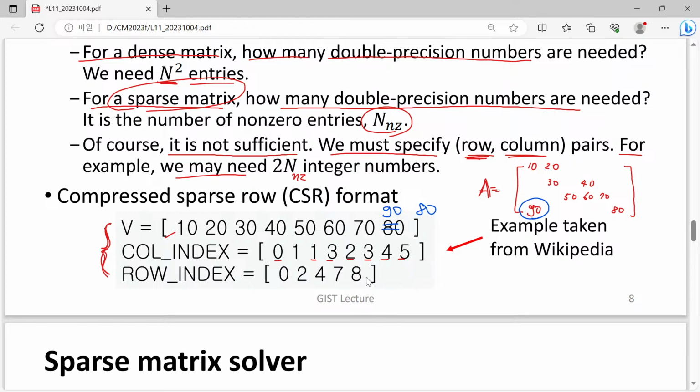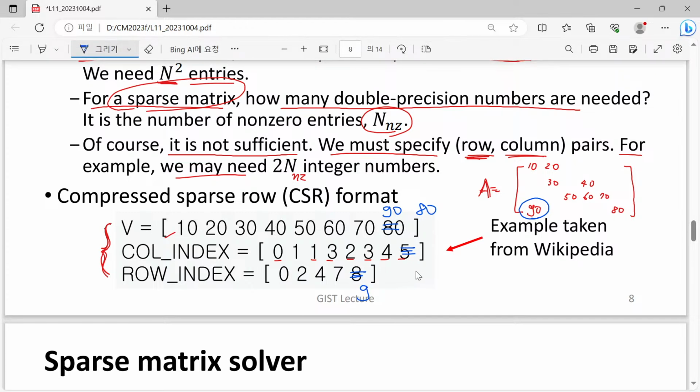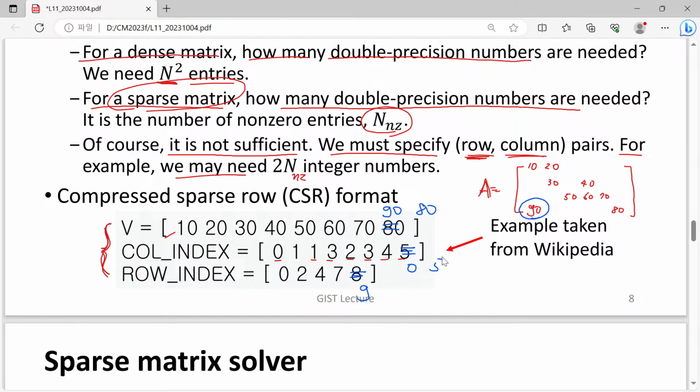Then the row index is also changed from number 9, and also this number should be changed to just 5. We must have 0 and 5. Okay, so are you with me? Okay, good. Anyhow, we were able to do that.